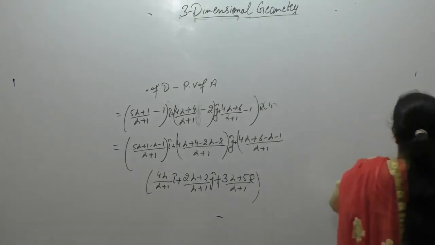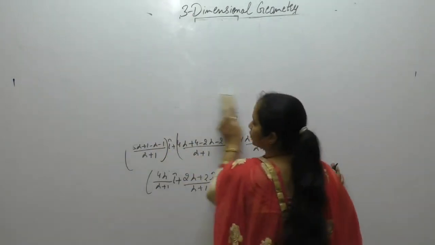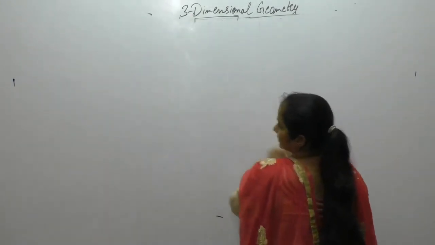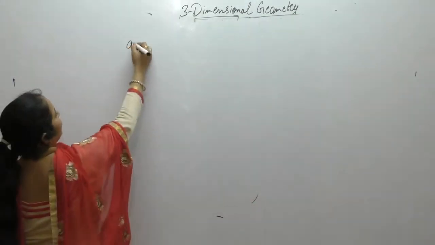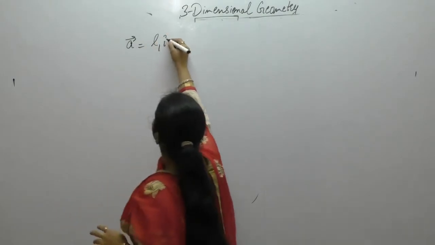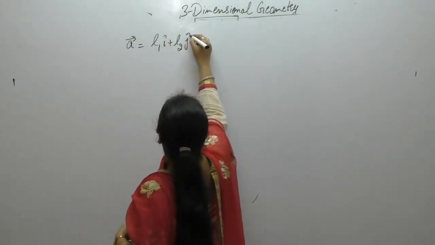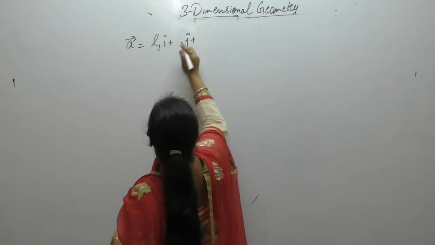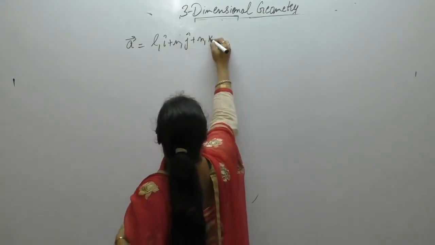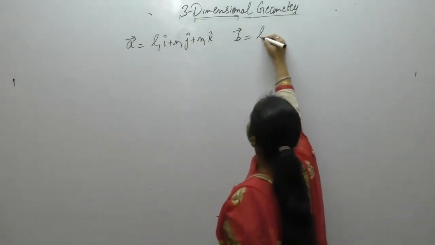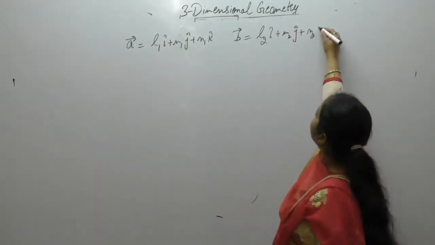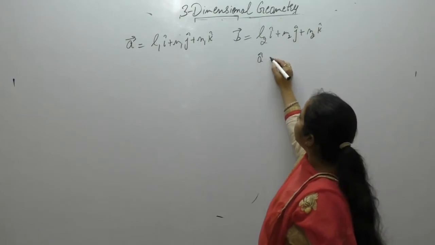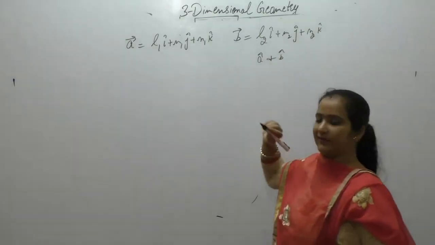Next topic we will discuss about direction ratios and direction cosines. उससे पहले हम कुछ जनरल बात करते हैं. If we have A vector with direction cosines L1, M1, N1, and B vector with direction cosines L2, M2 and N2, then their unit vector A vector and B vector.